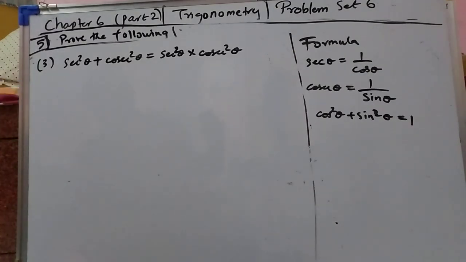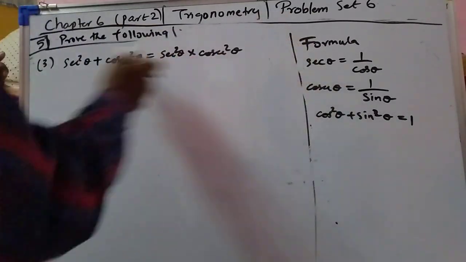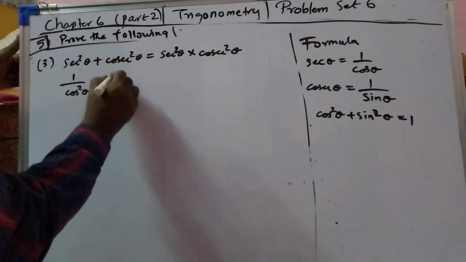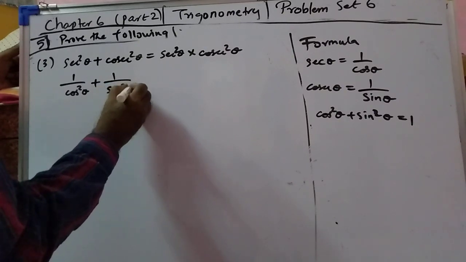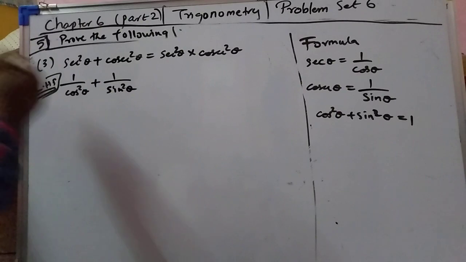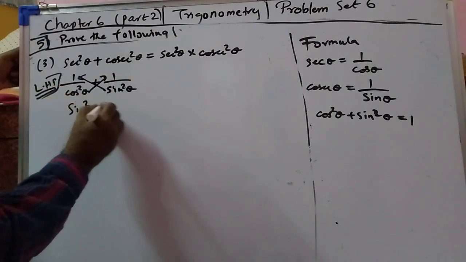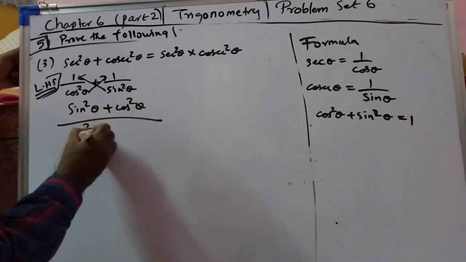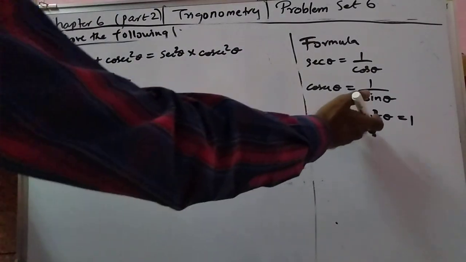Okay, now we will do the third problem. These are the formulas. We put this here. 1 upon cos square theta, plus 1 upon, this is cosec which is 1 upon sin, so 1 upon sin square theta. That is the left hand side. Okay, cross multiply. That will become sin square theta plus cos square theta upon cos square theta dot sin square theta. But sin square plus cos square theta is 1.